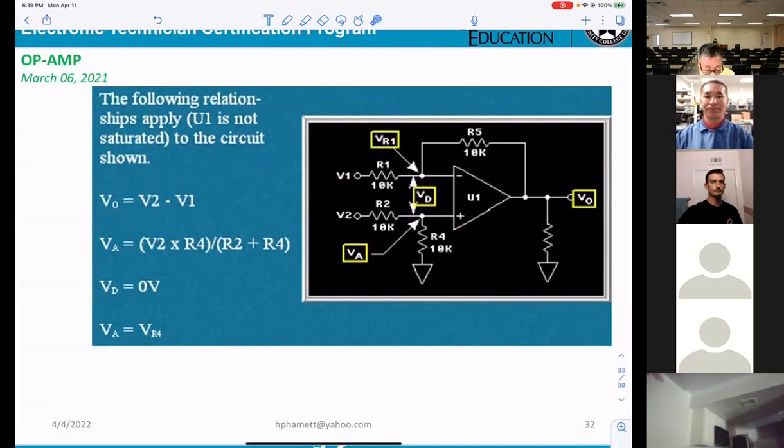Okay, VA equals the voltage divider here. VD, the difference between the two inputs, is 0. So VA equals VR4.